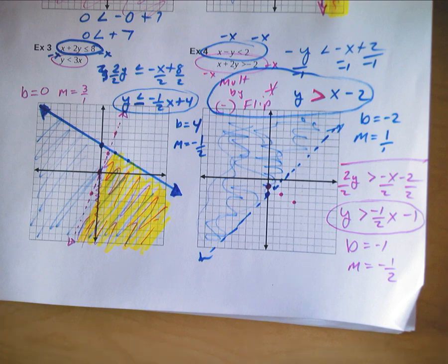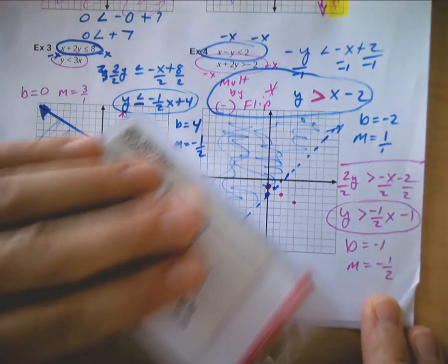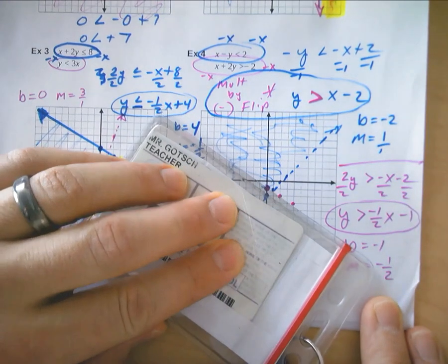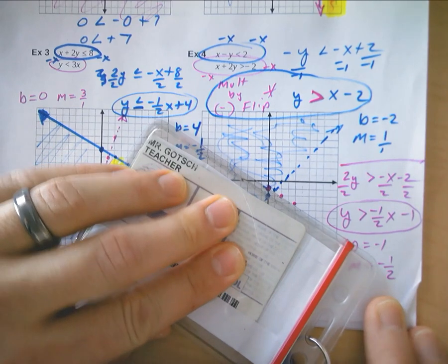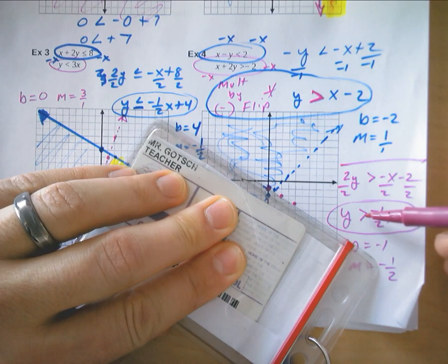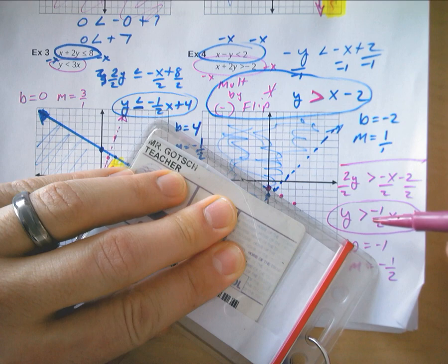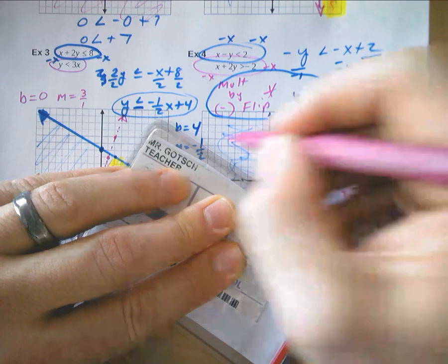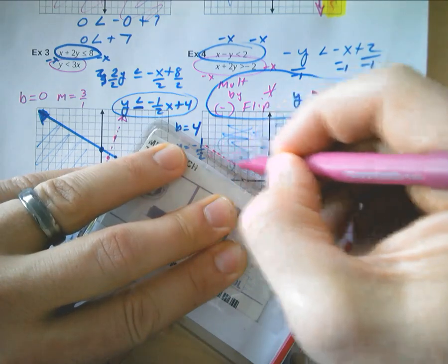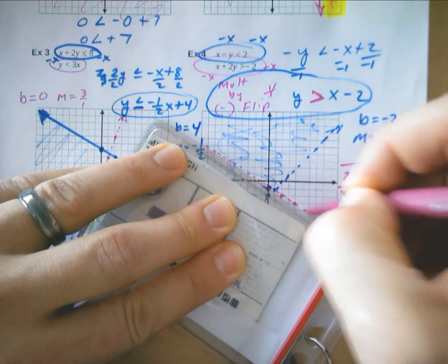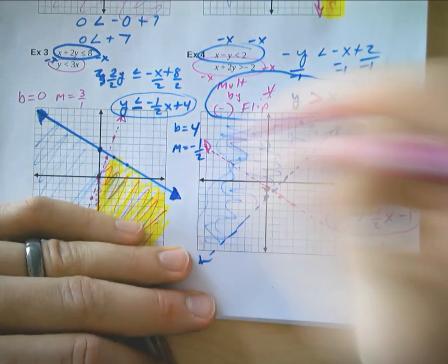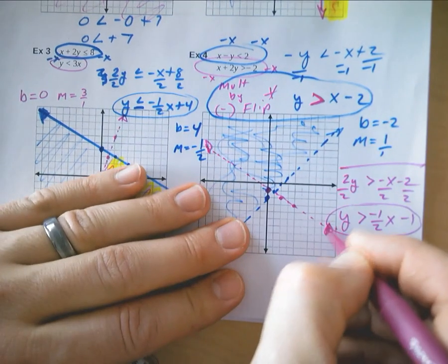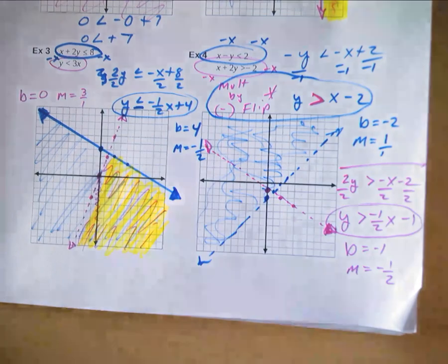Go ahead and graph this guy. What is it? Solid or dotted? Greater than, not equal to. Shout it out. Dotted. Yeah, dotted. Let's pick the dotted tool when you graph these. And then greater than is finding the y-axis, and then I go up the y-axis.